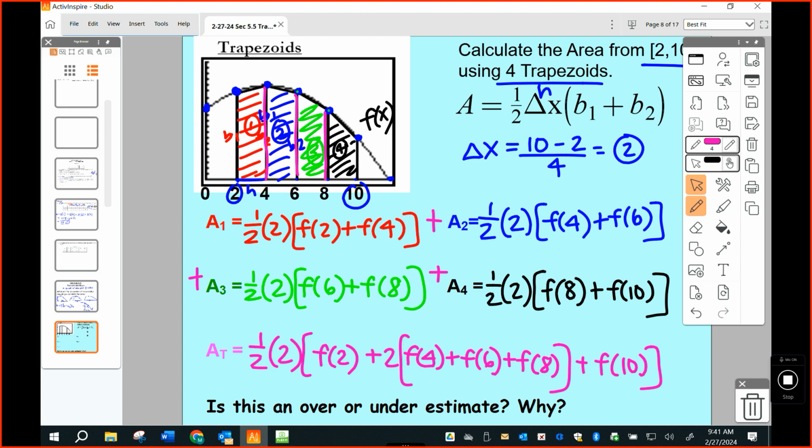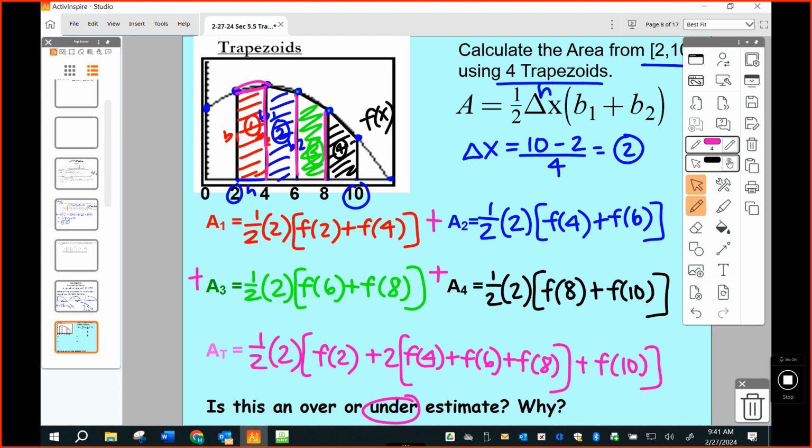Okay? So for this problem, would this area that we calculated be an overestimate or an underestimate? Under. How can you tell? So here's the curve, right? And the trapezoid is a little bit underneath. What is the curve doing that's making these trapezoids give us an underestimate?